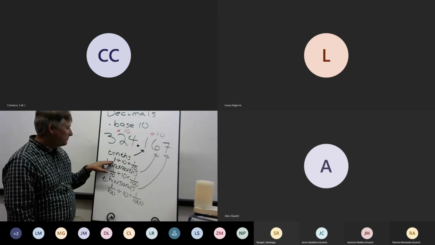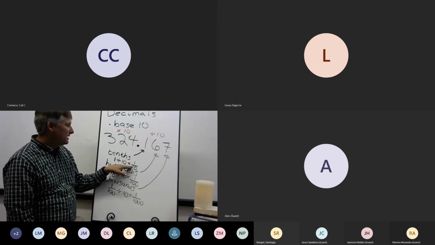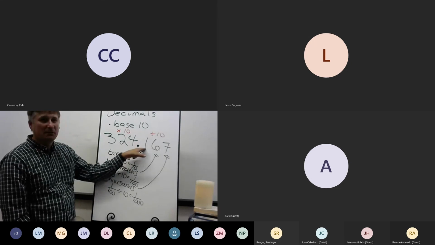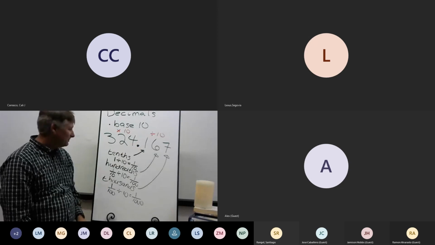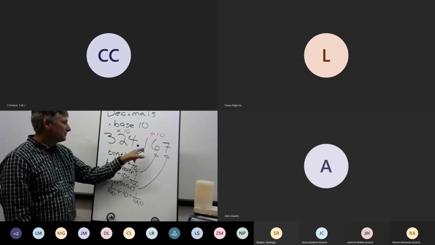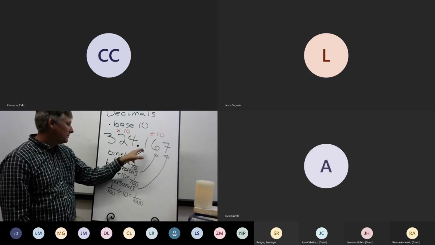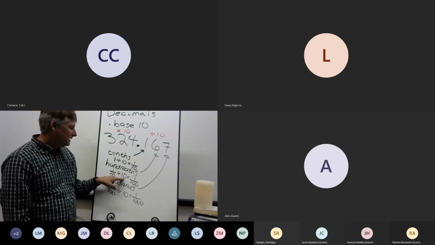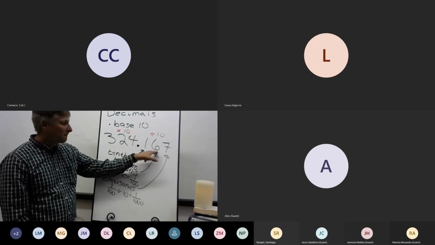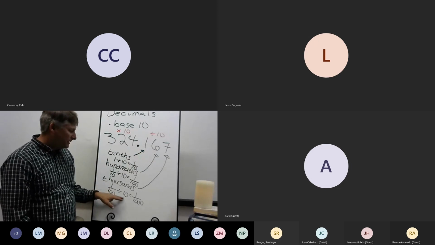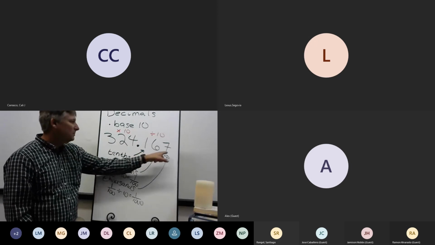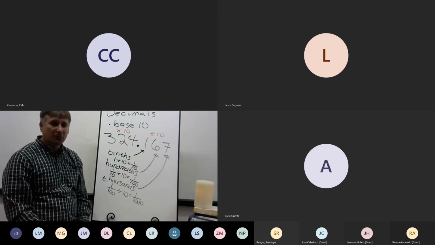So if we start with 1, we divide by 10, we get a tenth. That's our tenths place. Then we take 1/10, divide by 10 again, and we get to the hundredths. And then we take 1/100, divide by 10, that'll move us again to the right to get us to the thousandths.